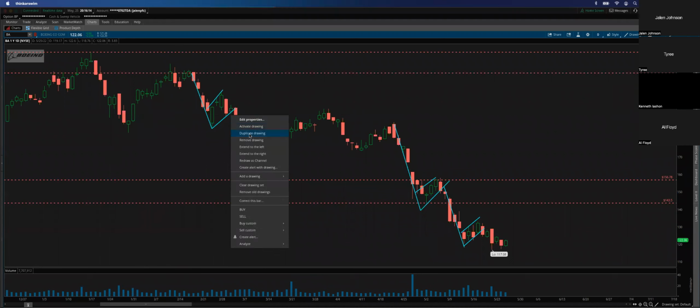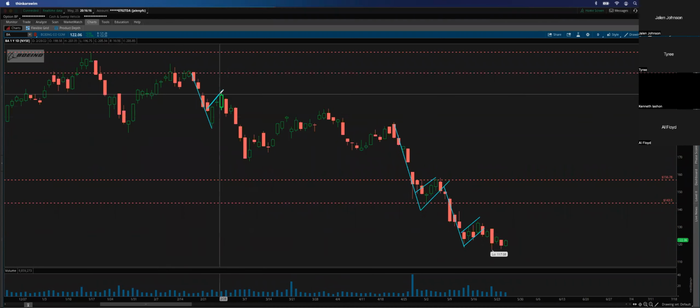Let's see. Same thing here. Same thing here. Impulse, correction, impulse. Is it starting to make more sense now? Just make sure y'all know. Is it starting to make sense now as far as that? Okay, good deal.